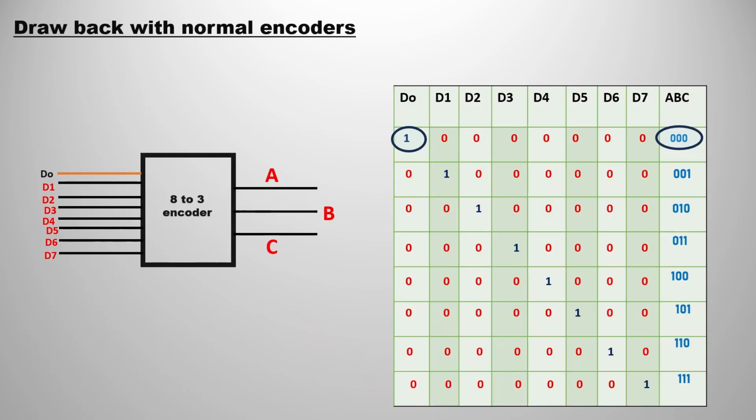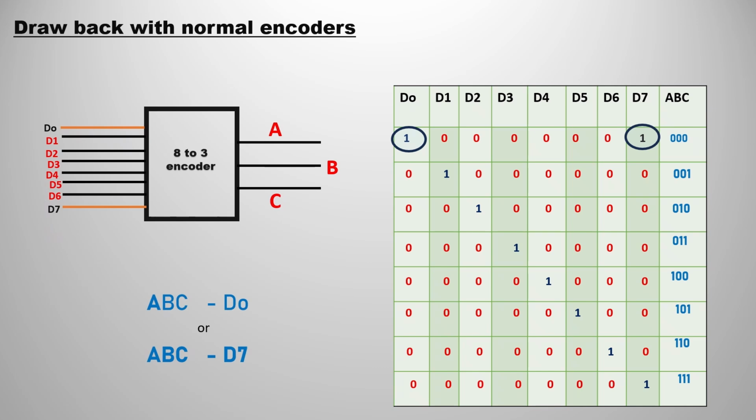We have some drawbacks for the normal encoders, like this 8x3 encoder. Let's observe. If you select the D0 line, as you can also see in the truth table, only one output is selected, that is ABC is 0. There is no problem with this. But the problem arises when there are two inputs at a time.